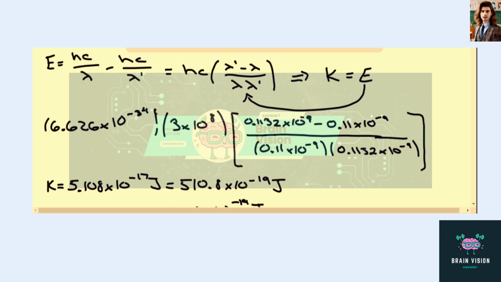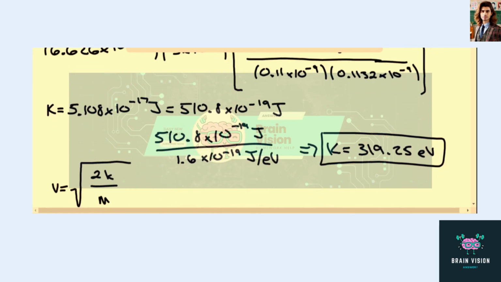Just a note, this 10 to the negative 9 is the conversion from nanometers to meters.